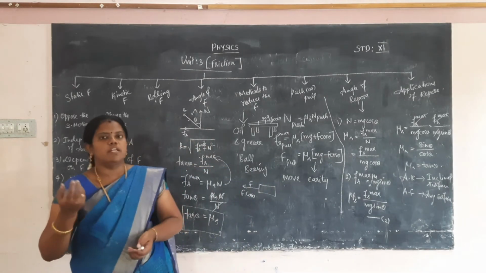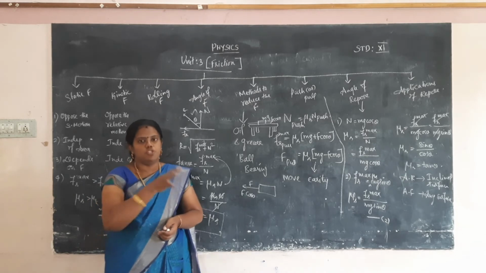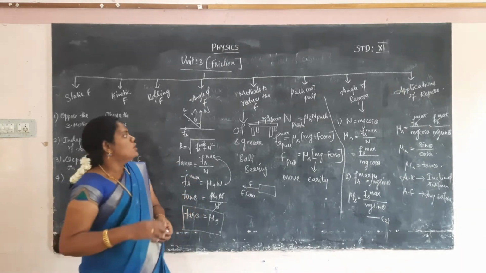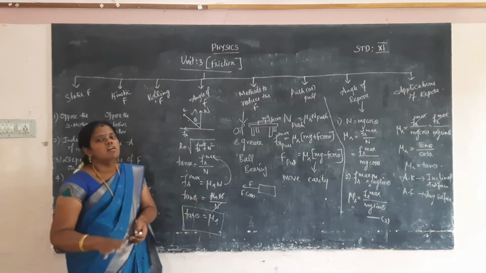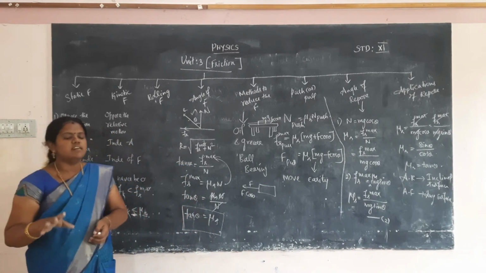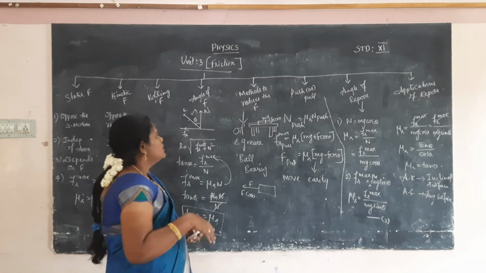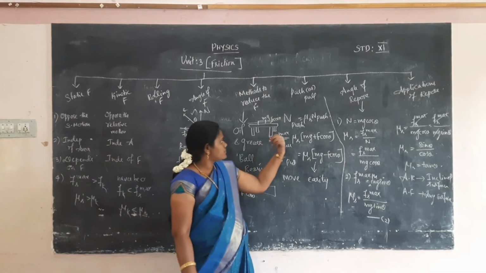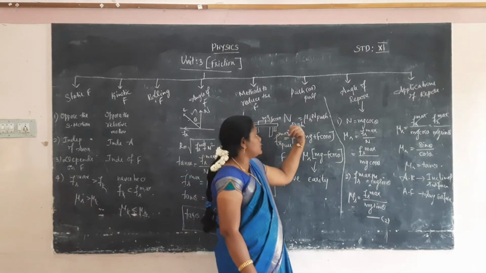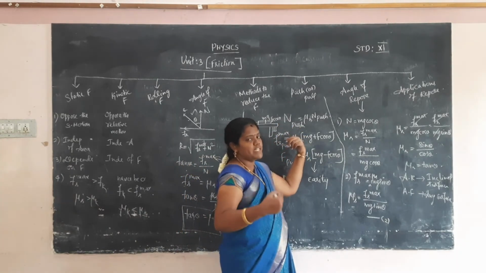Pull பண்ணி ஒரு object நீங்க move பண்றது ரொம்ப easy comparable to push. So push or pull of any one object, which is easier? Pulling an object is easier compared to pushing it. In what way do we conclude this?